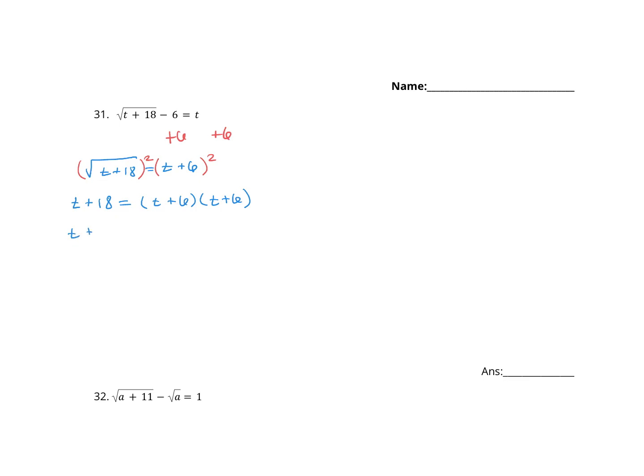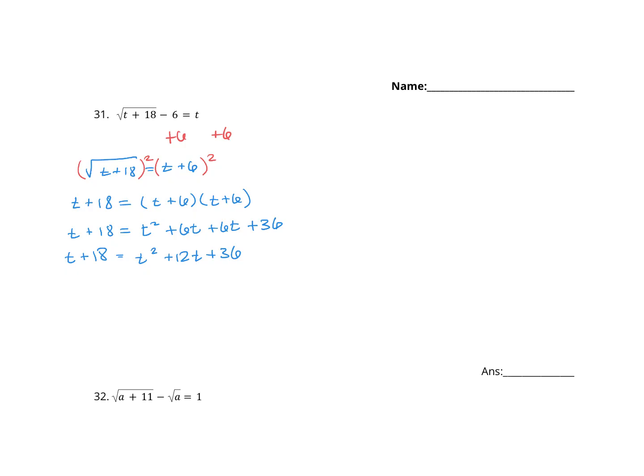So t plus 18 is now equal to a FOIL calculation. The first multiplies to t squared, outside 6t, inside 6t, last 36. So that's t plus 18 is equal to t squared plus 12t plus 36.